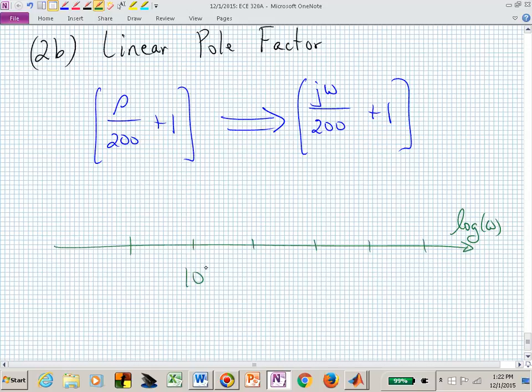Let's say this is now 0, 10, 100, 1,000, 10,000. How am I going to sketch the magnitude of this in dB? What point am I looking for now? And this line right here is 0 dB.